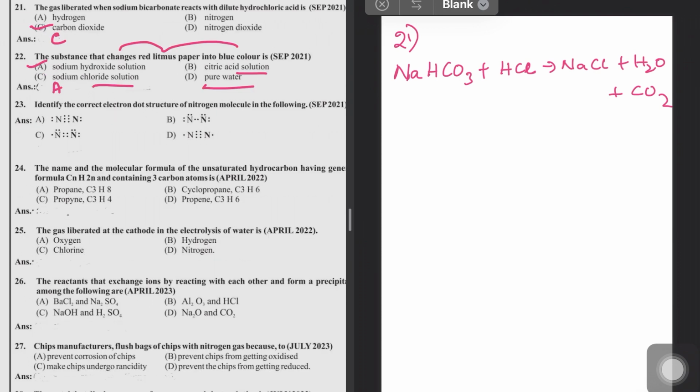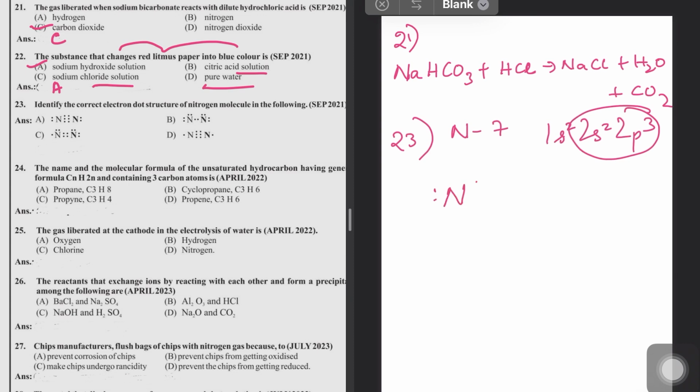Coming to the 23rd question, which is the correct electron dot structure for nitrogen? Nitrogen's atomic number is 7. So, its electronic configuration will be 1s2, 2s2, 2p3. So, we have 5 valence electrons. So, it should have 5 electrons ready for bonding.